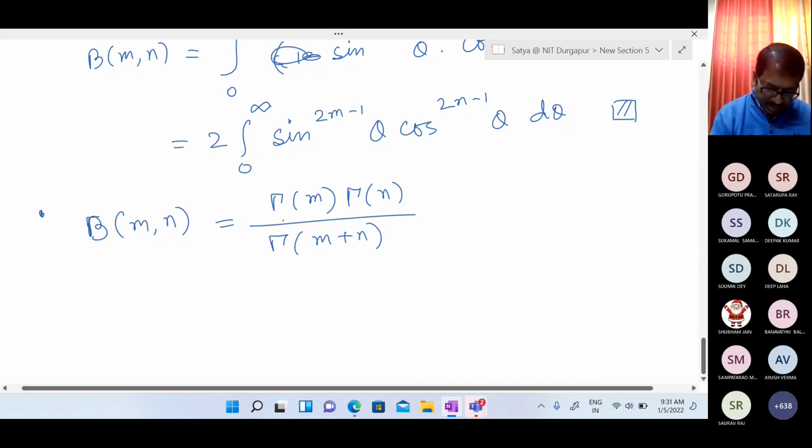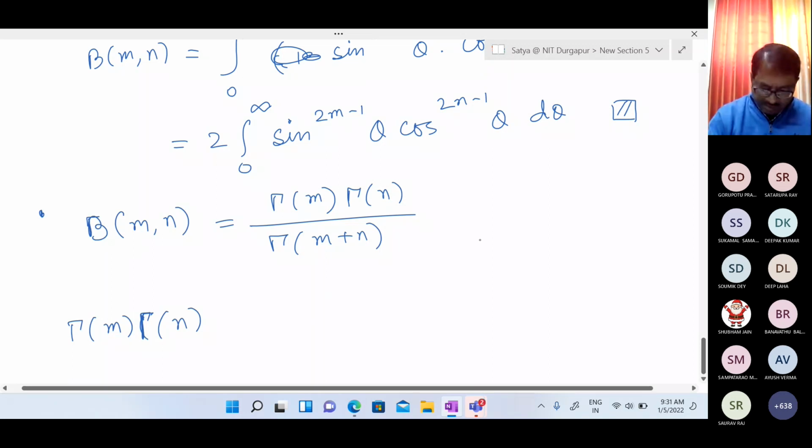My way is we start from this part, gamma m into gamma n. You need to concentrate on this one, but it is not very difficult. If you concentrate, you can get it.